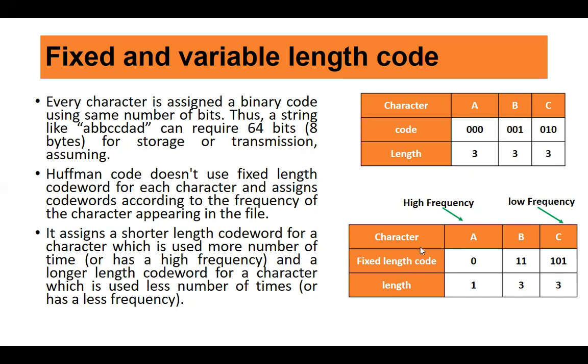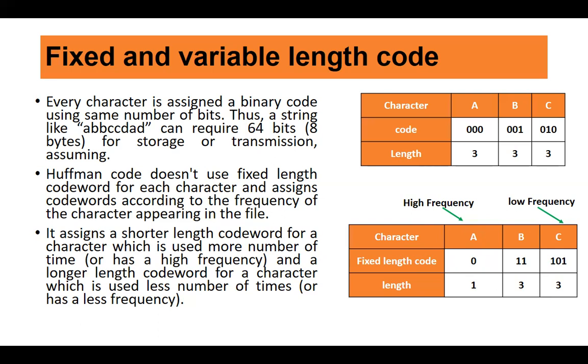So here, A's code length is 1 because A's frequency in the file is high, and C's code length is 3 because its frequency is low. So the more times a character appears in the file, the smaller its code size. The fewer times a character appears, the larger the size of its code as compared to the high frequency one.